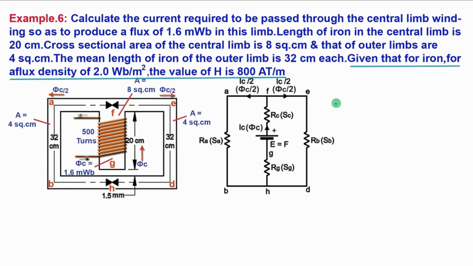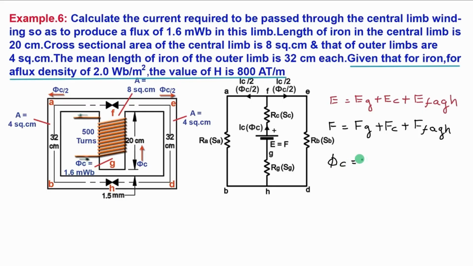So in electric circuit, E is equal to Eg plus Ec plus EFAGH. Similarly, in this magnetic circuit, total MMF F is equal to Fg plus Fc plus FAGH. We are given that flux in central path phi C is equal to 1.6 milliweber.